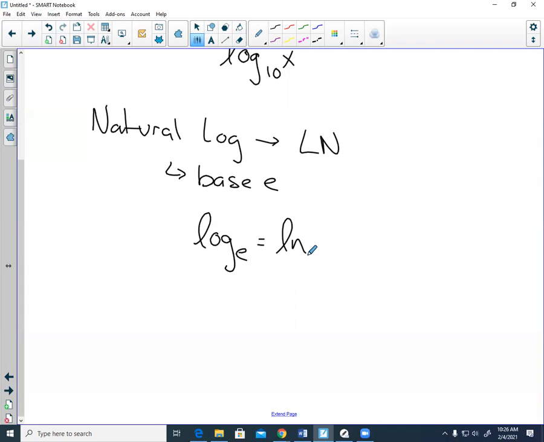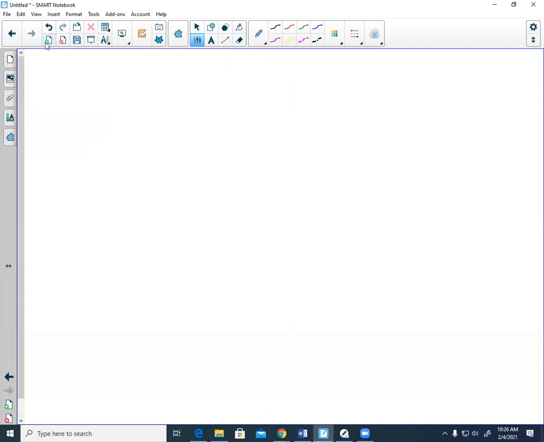Okay? A couple other things to think about: if I am asking you to find log base b of 1, and asking you what that number equals, I want you to try to tell me what this number is equal to, and figure out how you could understand that.